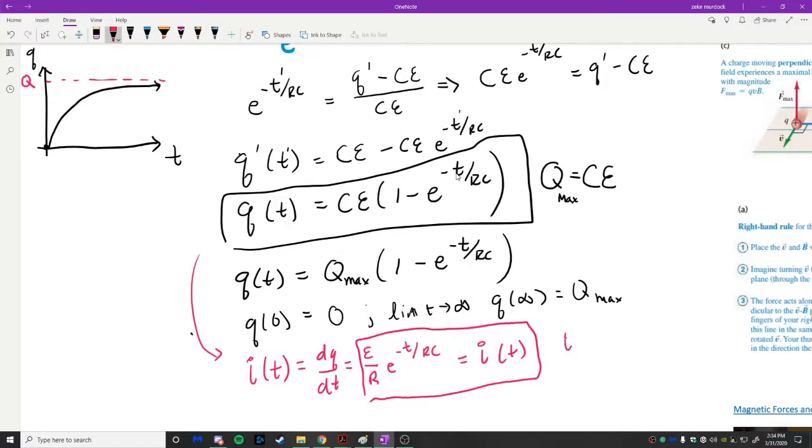What's the current at time equal to 0? Yeah, it's E over R. We could call this the maximum current. And what's I of infinity?